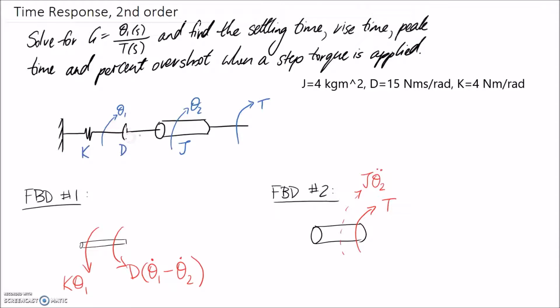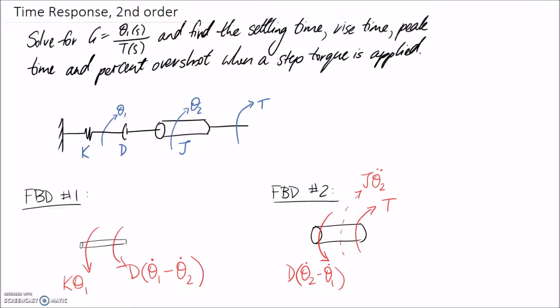Then we have the damper attached to the shaft, which tries to resist the motion, so it's back the other way. It's the damper multiplied by the speed that it's rotating at. This time it's the opposite, so theta dot 2 minus theta dot 1.